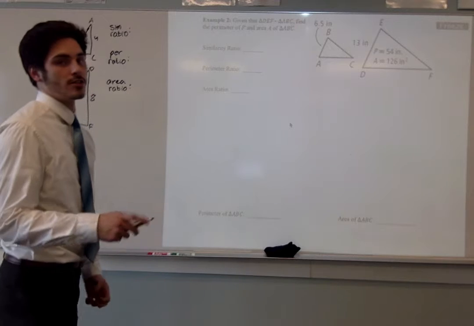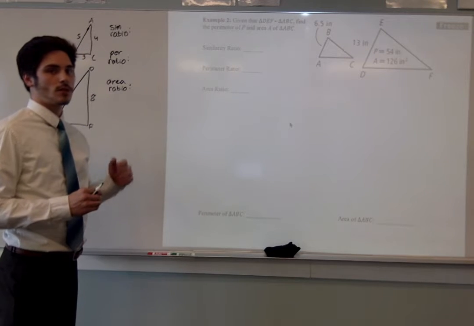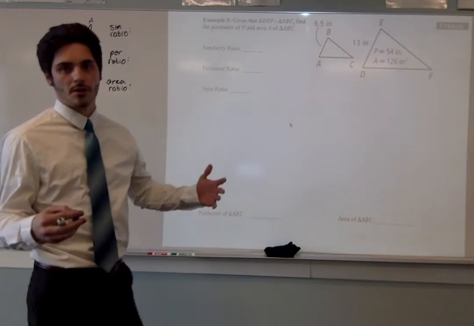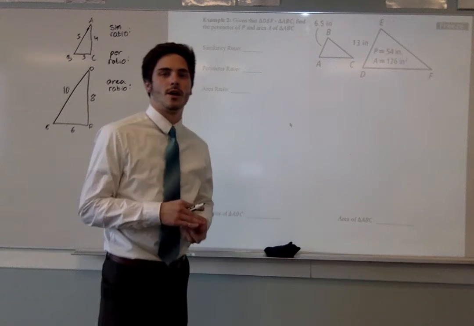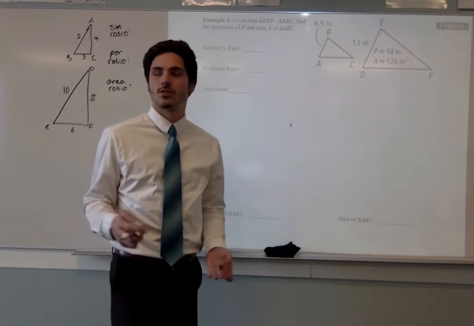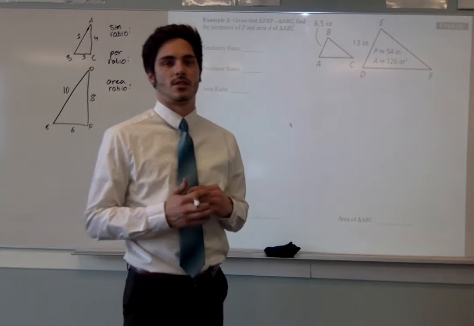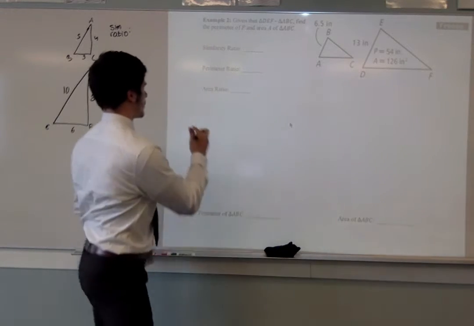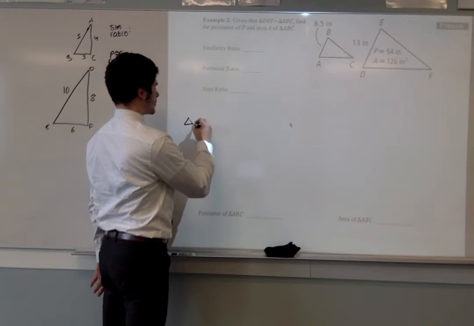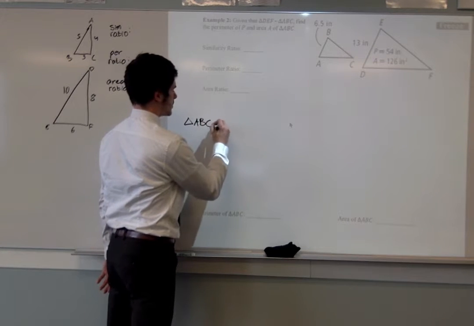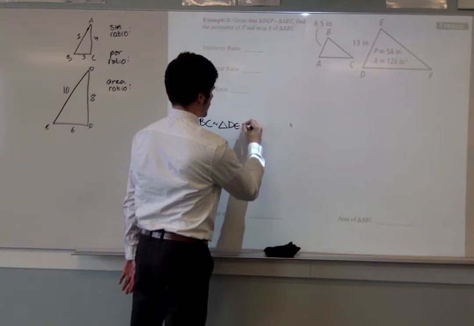So the similarity ratio can be found simply by doing the proportions like we've been doing. So we can do leg AB over leg DE as long as they're corresponding, and any of those ratios will give us the similarity ratio, because it says, very important, right above the triangles in your drawing, that ABC is similar to DEF.